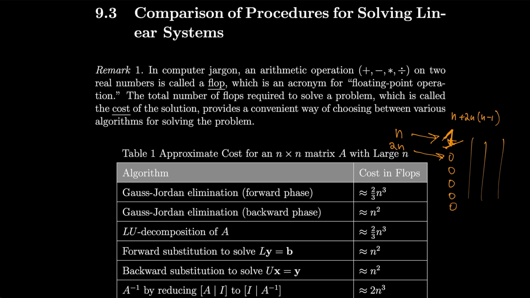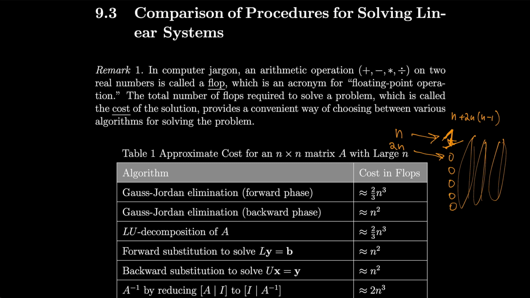Then you could figure out how many flops are required to get the leading 1s and 0s in all of the remaining columns. It's not that difficult because it follows a pattern. You can extrapolate from the first one, but then you have to add up all of these sums, using formulas for the sum of the first n cubes, etc. It gets a little technical, but it's not so bad.